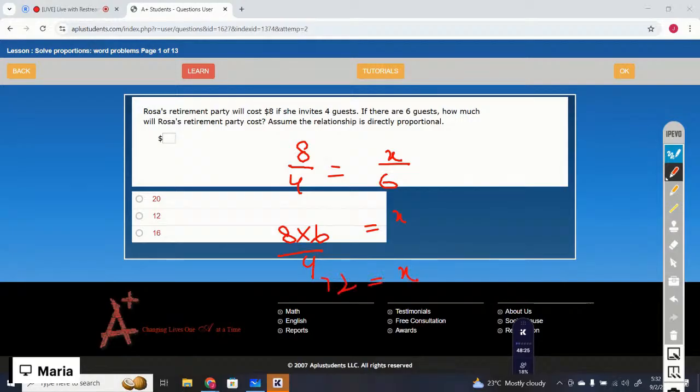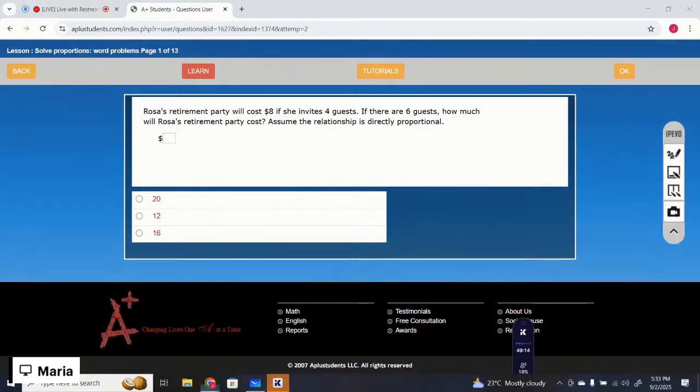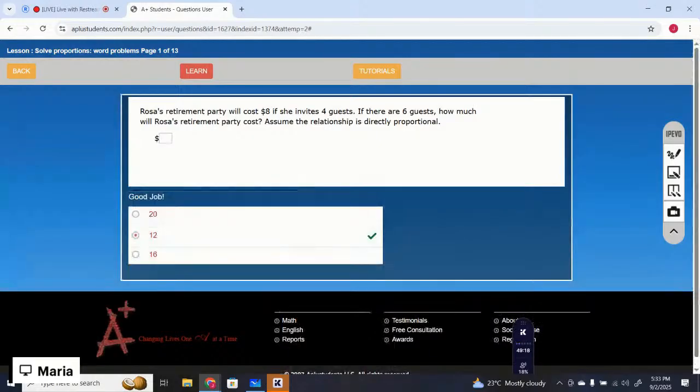So x equals 12. Option number 2 is the correct option.